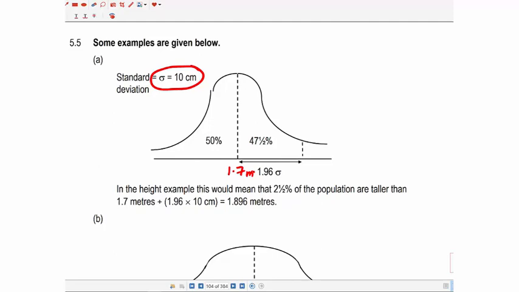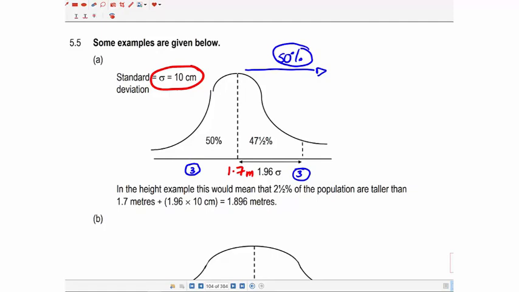So just to remind you of some of the properties of a normal distribution curve. Remember we said that the curve would always be symmetrical and 50% of the data items would sit above the mean, 50% of the data items would sit below the mean, and also that there would be 6 standard deviations underneath the curve, and therefore 3 standard deviations above the mean and 3 standard deviations below the mean.